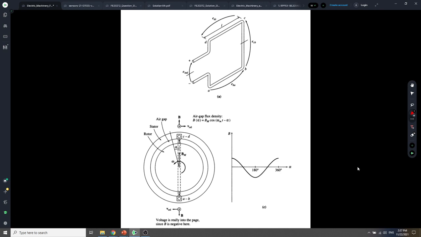First of all, please imagine that we have one coil, a coil that rotates. At this point we supply DC power. Sorry, this is the stator.